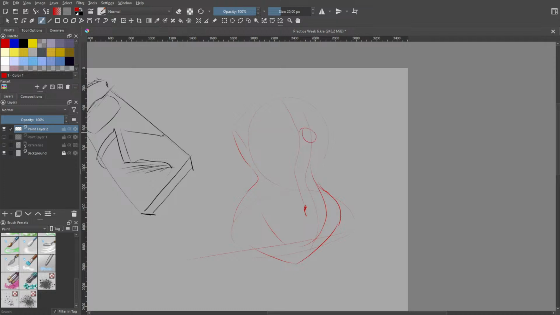Wait, I'm confused. What the hell? I'm so confused. Why am I so confused all of a sudden? This is where the chest is. Roughly.